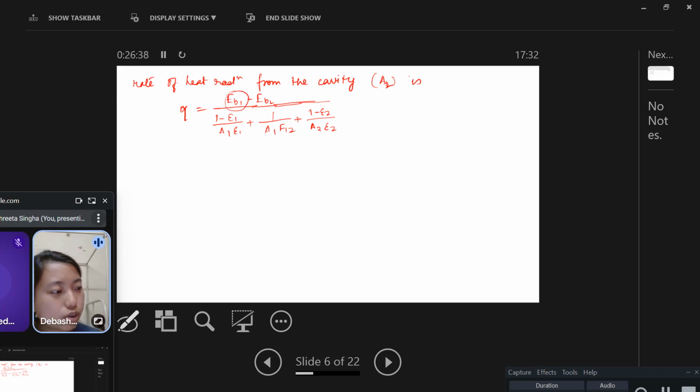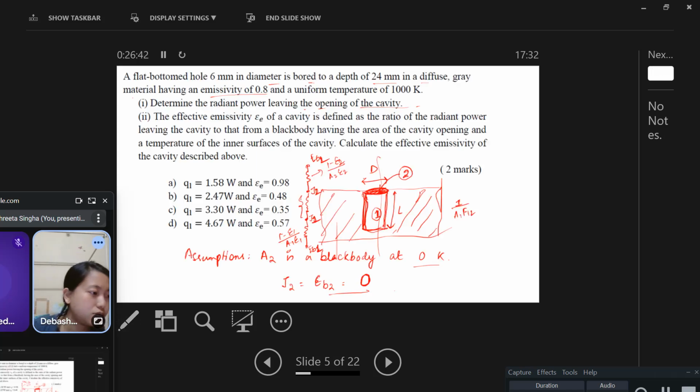Now here this EB1 is the surface one, and it has a uniform temperature of 1000 Kelvin.